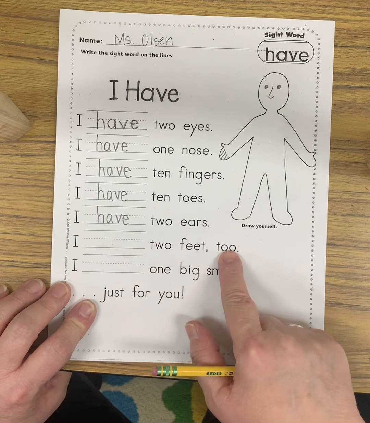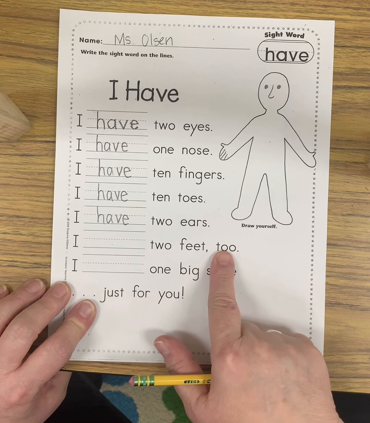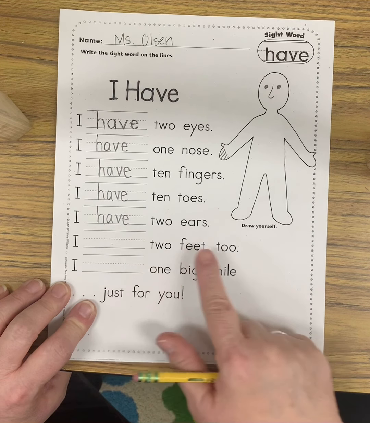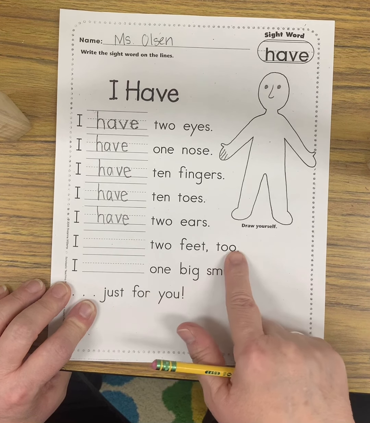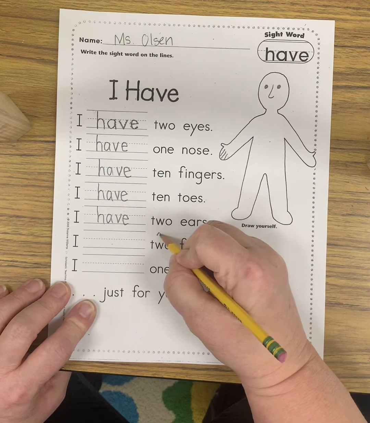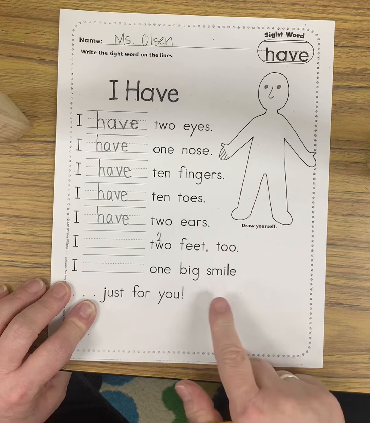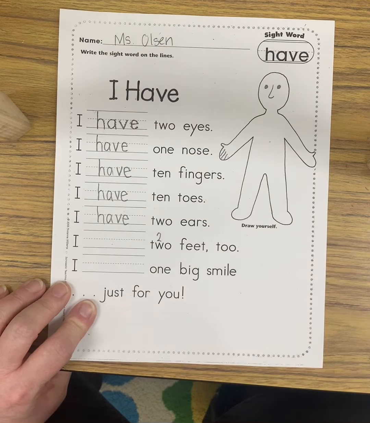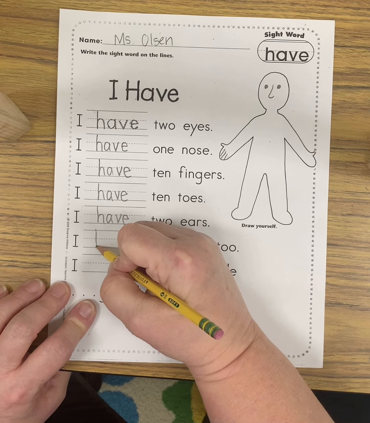Homo means same. 2 and 2. The difference is the spelling. So this one is T-W-O and this one is T-O-O. And this is the number word, the number 2. And this word means also. So I have 2 feet too, besides all these other things that he has. So we're going to write the word have.